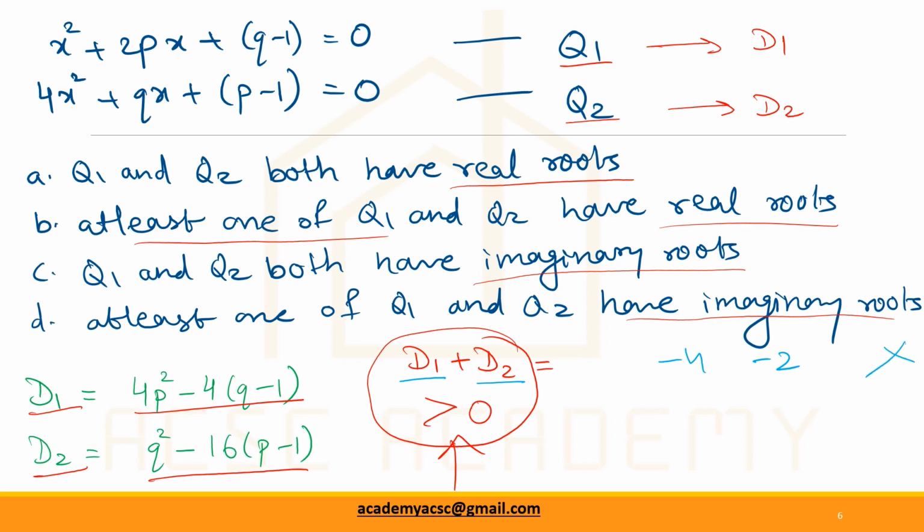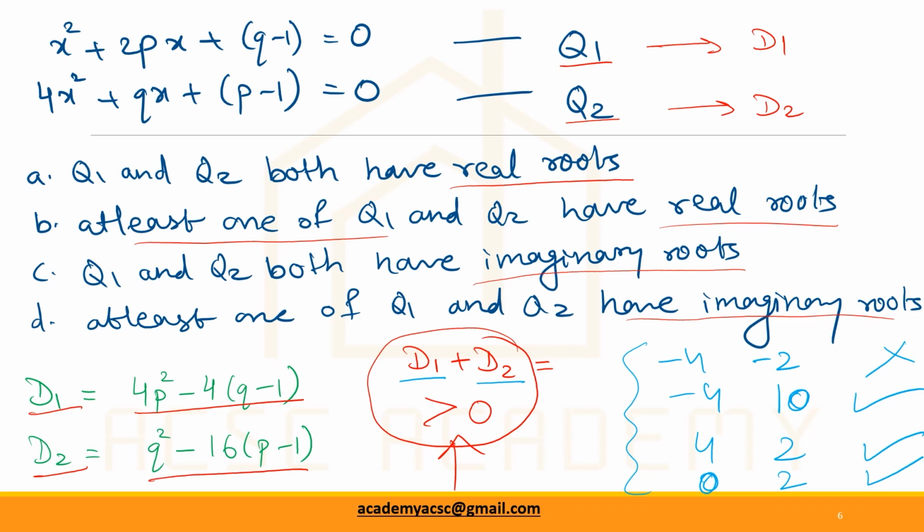If I have one negative and one positive, it's possible, but only if the positive number is greater in magnitude, then the sum would be positive. Similarly, if both are positive, then definitely the sum will be positive. And if one is 0, then the other has to be greater than 0 for the sum to be positive.